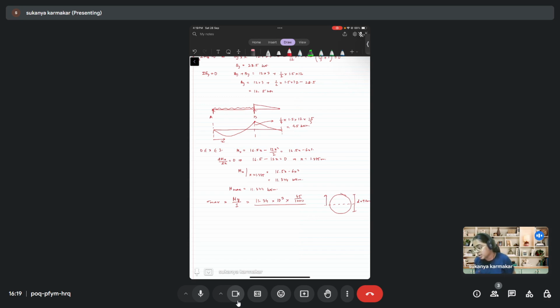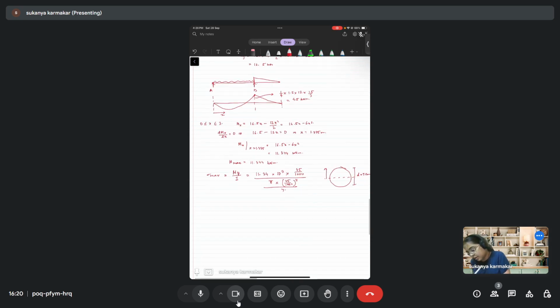The moment of inertia is pi d to the power 4 by 4. If you solve this, you will get this to be equal to 158.4 into 10 to the power 6 Newton per meter square.